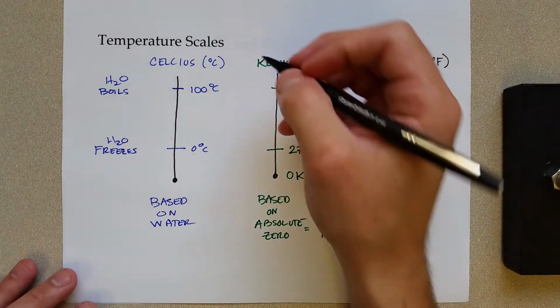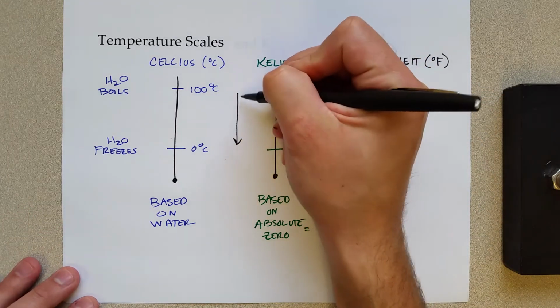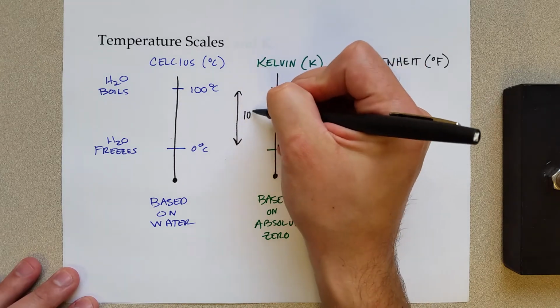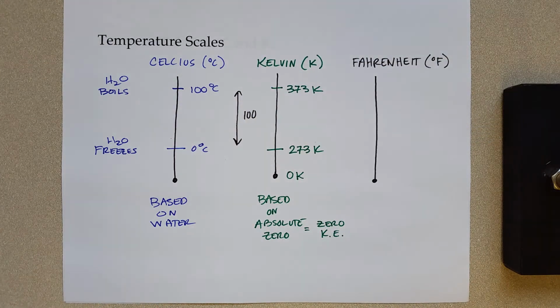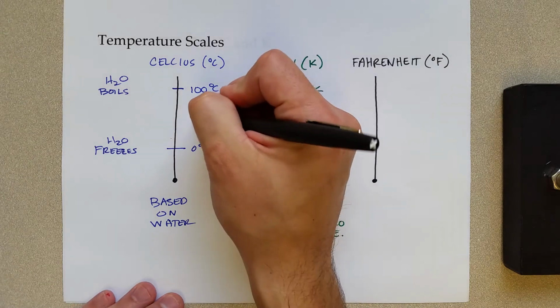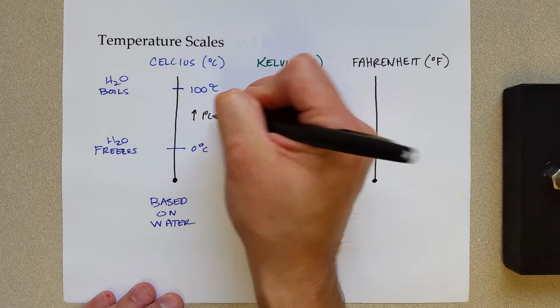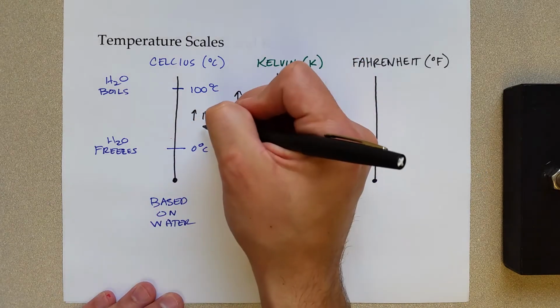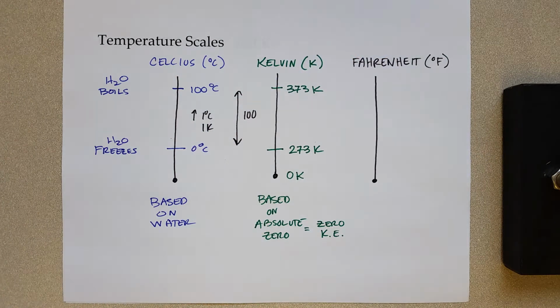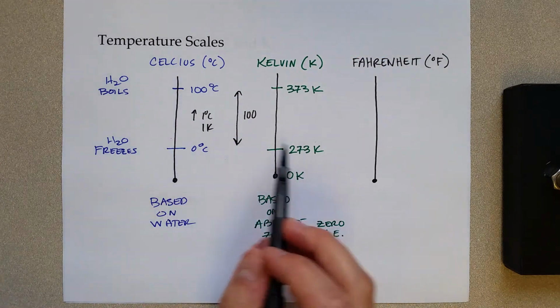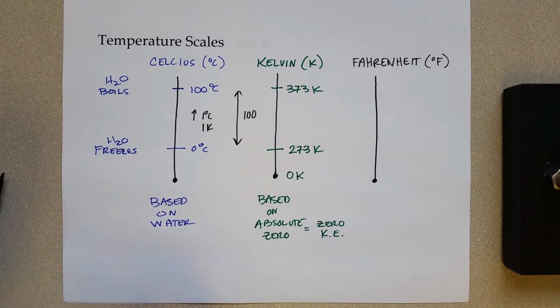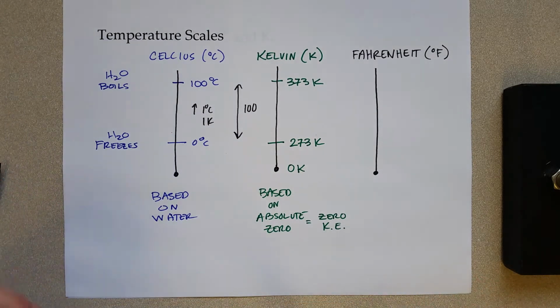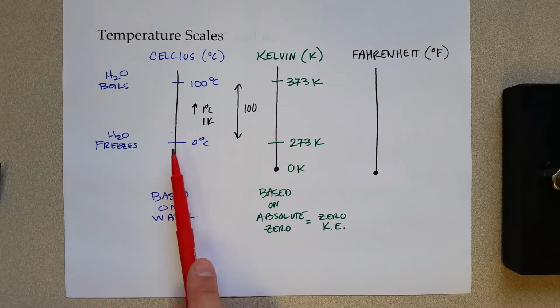So you can see that in both scales there's 100 degrees between those two points, and for every 1 degree Celsius increase, you also go up 1 Kelvin. So that's nice. Interconverting between Celsius and Kelvin is actually pretty simple. You just need to add or subtract the difference between the two scales, and that is, of course, 273.